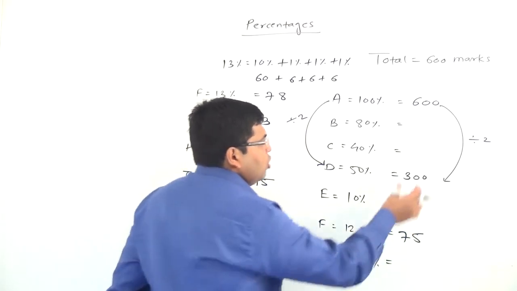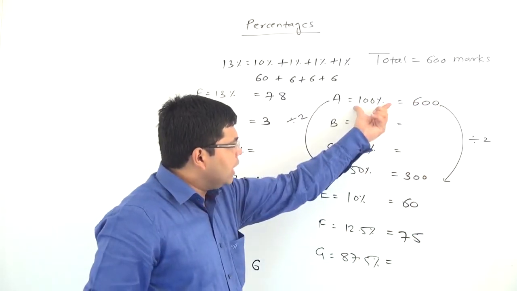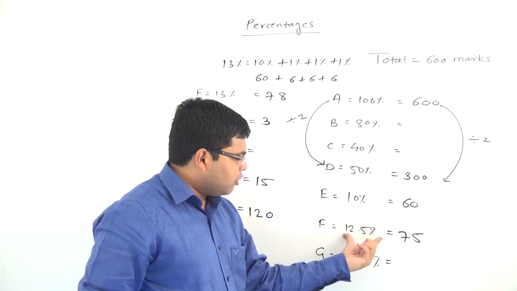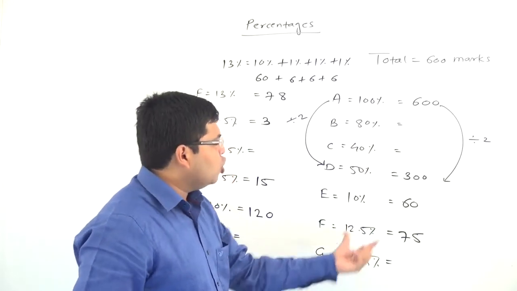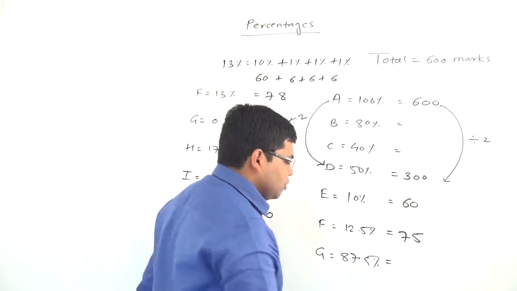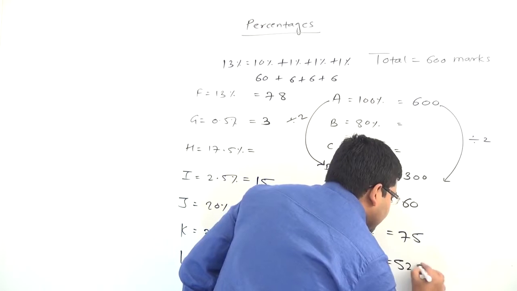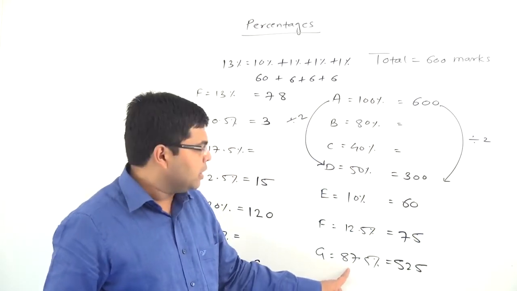So what we will do, similar operation we will perform on the other side. See what we did, 100% minus 12.5% is 87.5%. So 600 minus 75, which will come out to be equal to 525, will be the value of 87.5%.